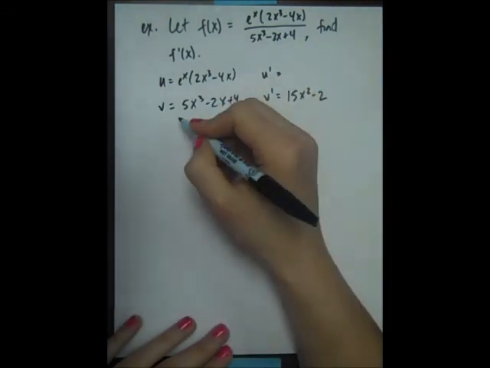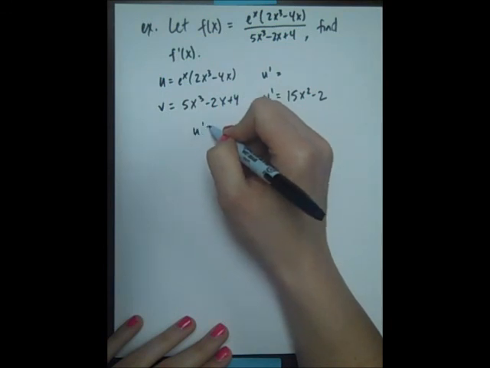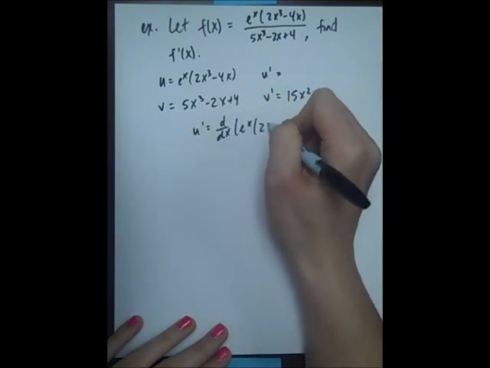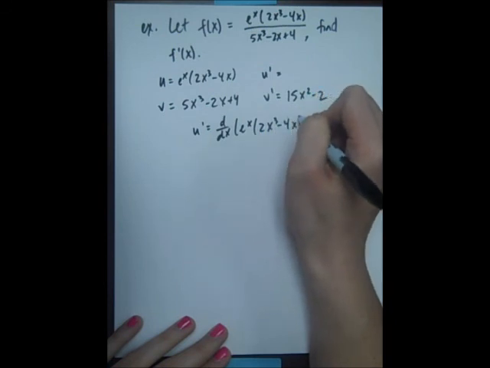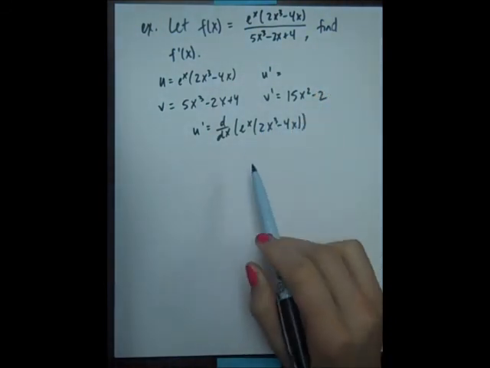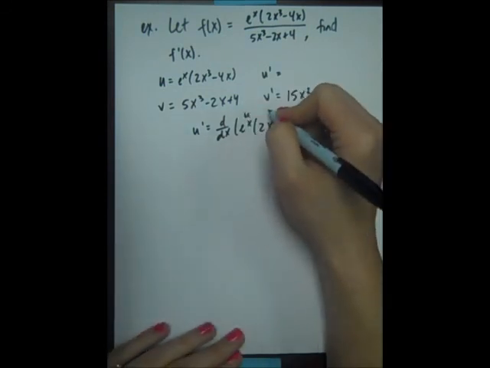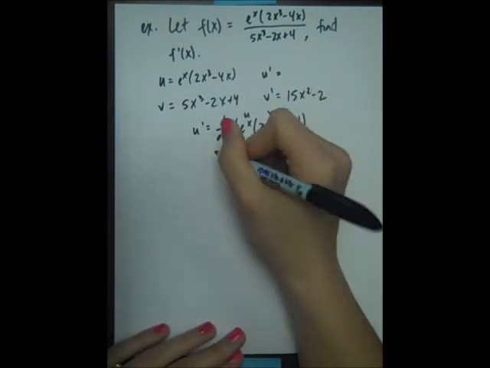Now about u prime. U prime is the derivative of e to the x times another function. So remember, whenever you say times here, I'm going to have to use a product rule. So I'll have kind of another u and v.